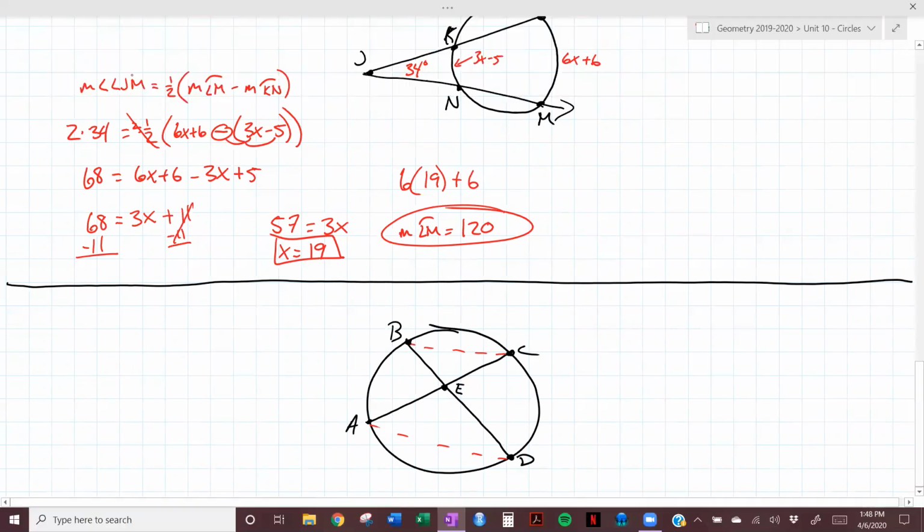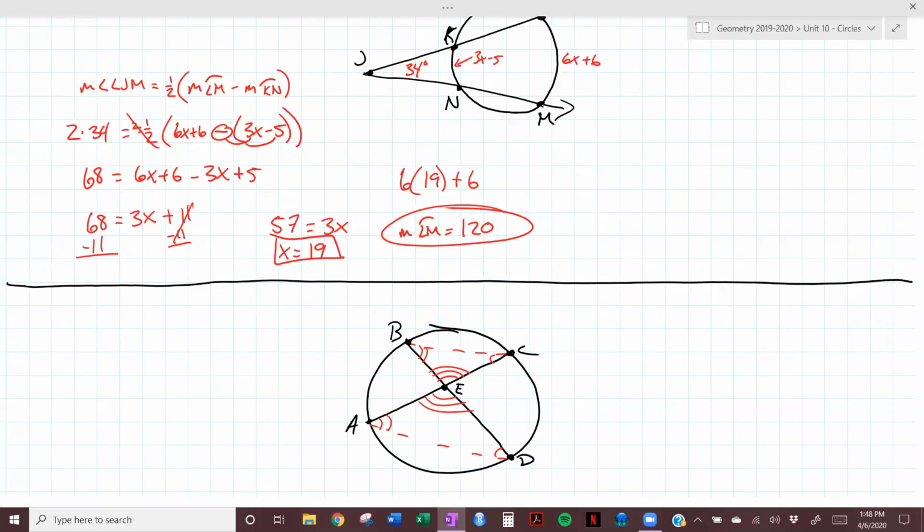Okay, so I have these angles that are congruent by the vertical angles theorem. These angles are congruent, and these angles are also congruent.